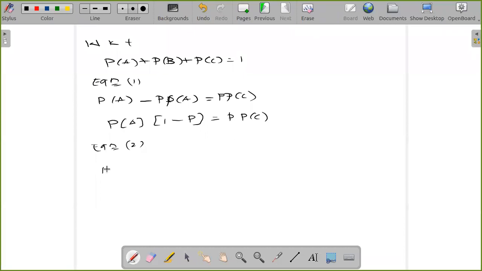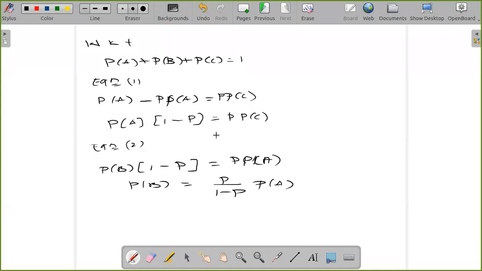P of B equal to 1 minus P equal to P into P of A. So P of B is also equal to P divided by 1 minus P into P of A. Here also it has to be taken in that way. Here P of C is equal to 1 minus P into P divided by P of A.